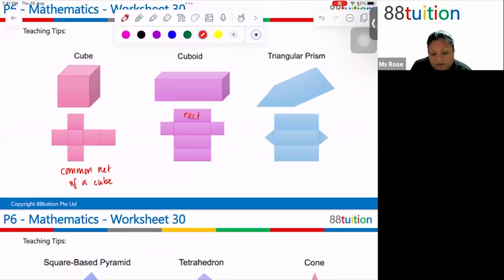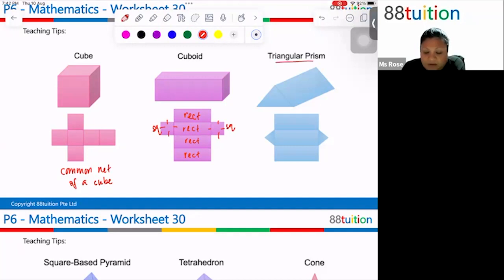So you have a rectangle. Note the two faces. Yeah, easy but tiring. Okay, two faces. So can you see that these are all your equal rectangles, square and square.